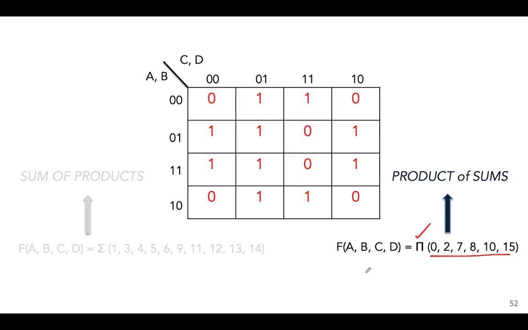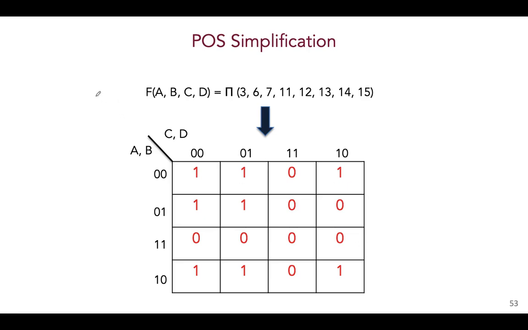So let's see how to simplify a K-map in a POS form, a K-map which is given in the form of POS. So suppose this is the Boolean expression that is given to us, and from this pi symbol you can see that this is a POS form. So if in the question a pi symbol is given, what you need to understand is that these are the max terms.